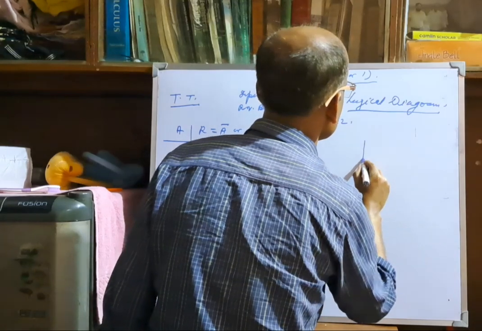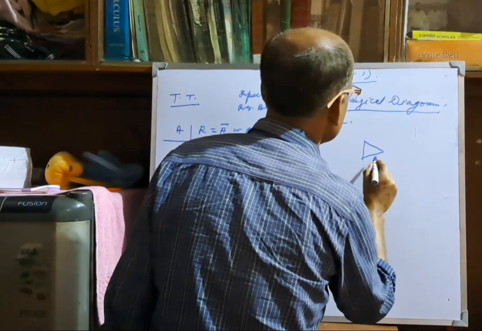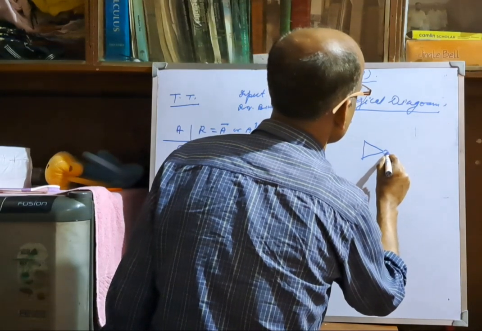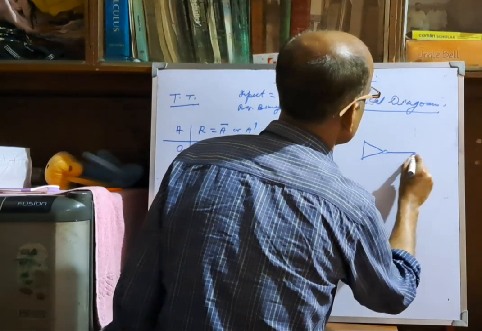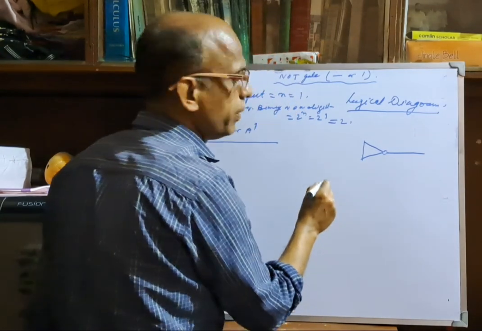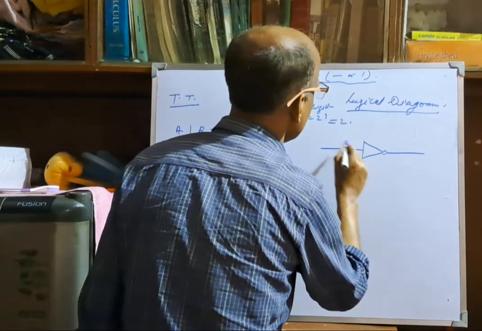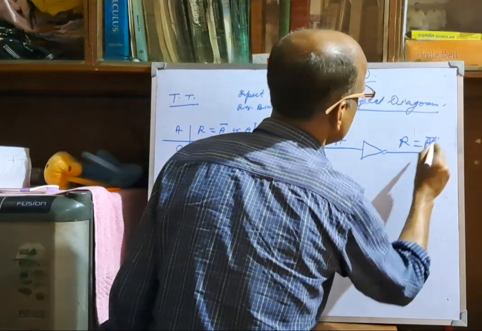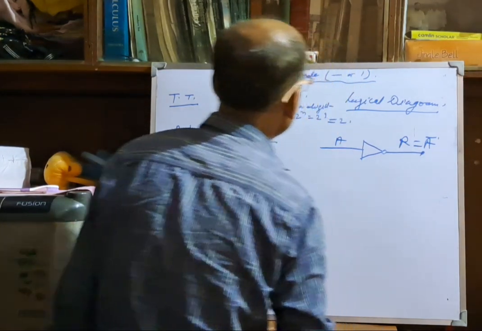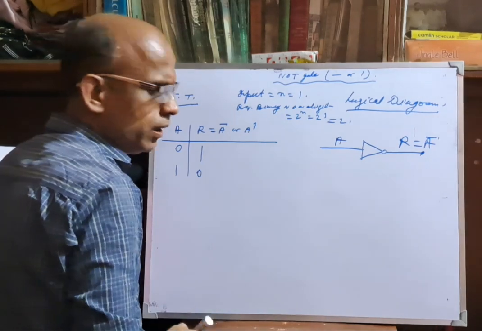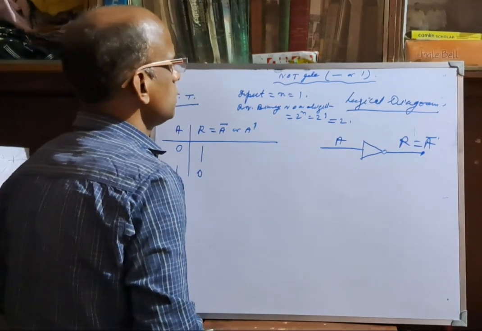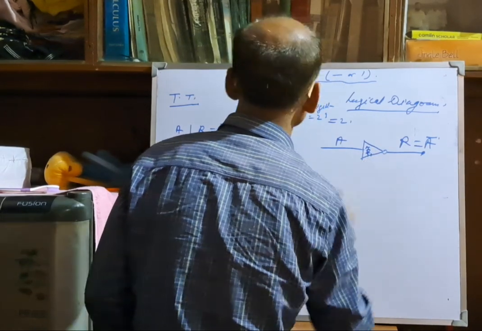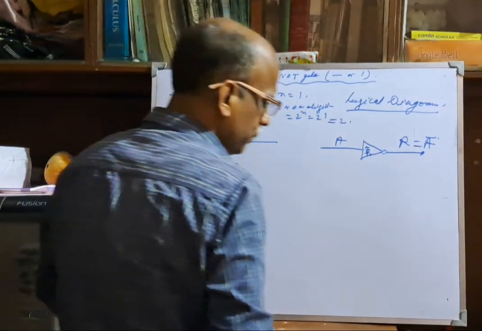You give here a NOT circle, and this is the input A, and this is the output R, which shows the relation R is equal to A naught. So this becomes the logic diagram, and this is the NOT gate actually.